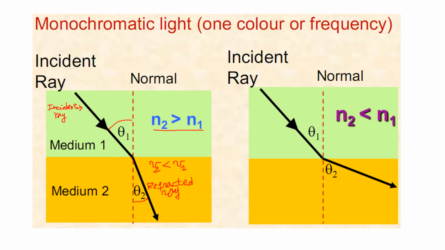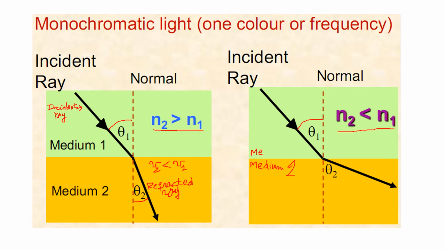Then here in diagram 2, the index of refraction of the second medium is less than the index of refraction of medium 1. This means that medium 2 is less dense than medium 1. We have medium 2 here, and here we have medium 1.